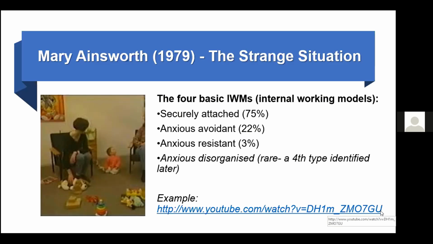And as I said earlier, it's actually very difficult to get a diagnosis of an attachment disorder and to have yourself classed as a particular attachment style. But it is useful to bear these different categories in mind, because that can be helpful in our understanding of how early attachment experiences can contribute to our emotional and cognitive development, and hence the school readiness that we're seeing in our children and young people.